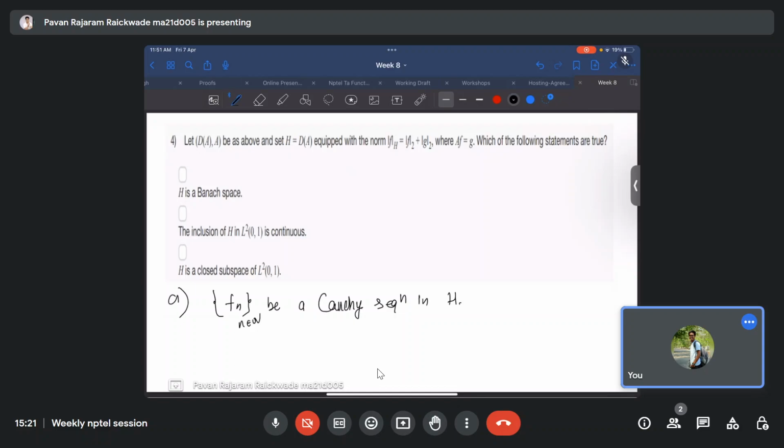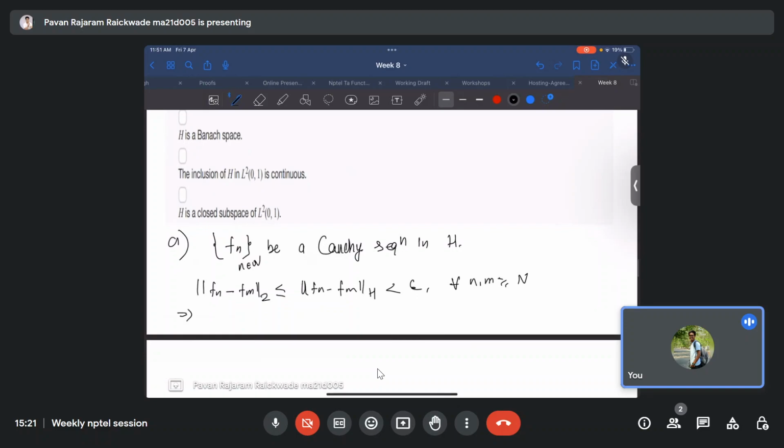So we'll see if we can do something with that. If we take the L2 norm of Fn minus Fm, then that is less than or equal to the H norm of Fn minus Fm, because we are just adding another non-negative term. And this is less than epsilon for all n, m greater than or equal to capital N. There exists some capital N.